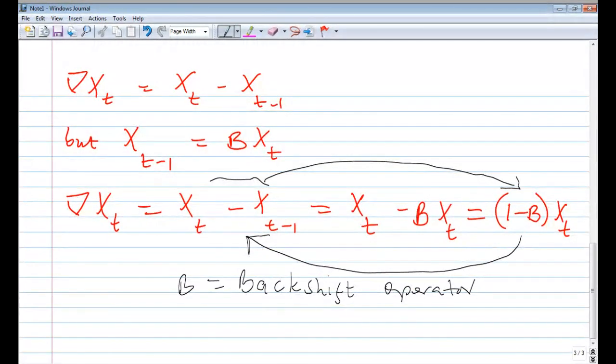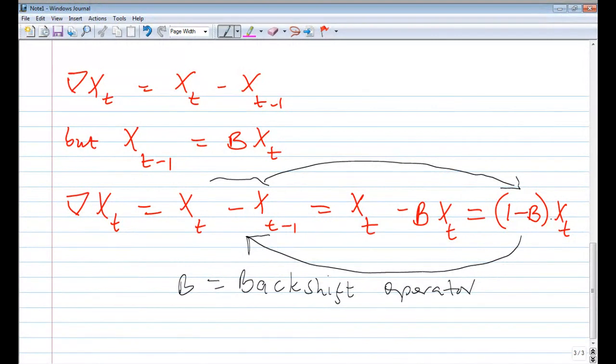If you are given a process change in xt equal to xt minus xt minus 1, and the question says write that process in backshift operator, your answer will be 1 minus b xt.